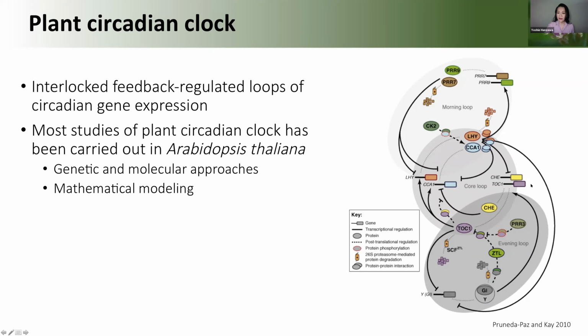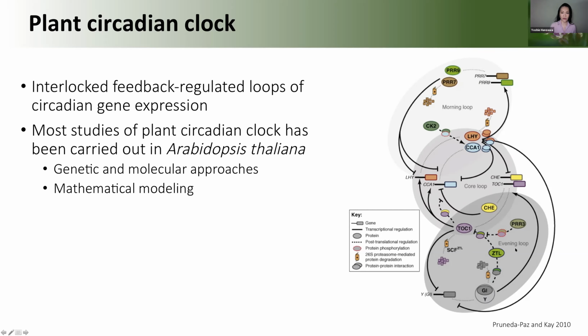This is a simplified, a little bit older model of the Arabidopsis circadian clock. It has a core loop structure and a morning expressed genes loop, and then an evening expressed genes loop. So this is a general structure of the Arabidopsis circadian clock network.